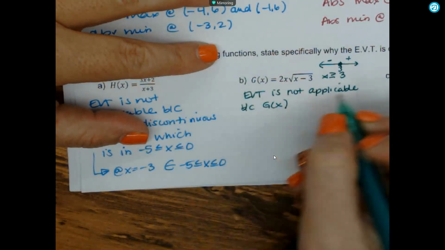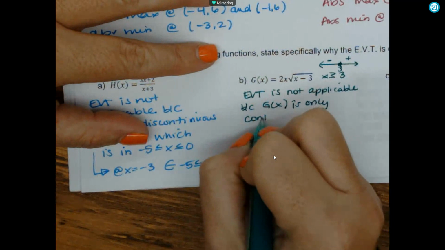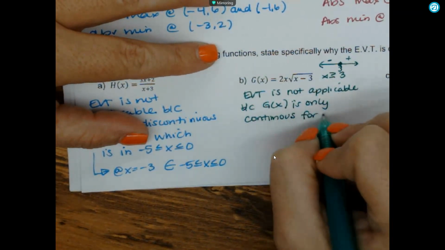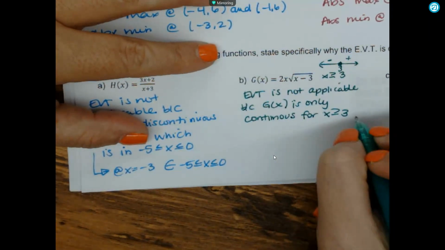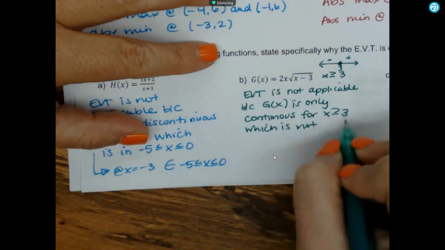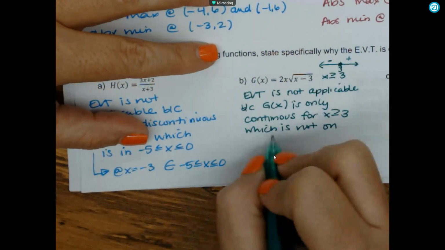Because g of x is only continuous for x greater than or equal to 3. Which is not, I should have written it, it's okay.